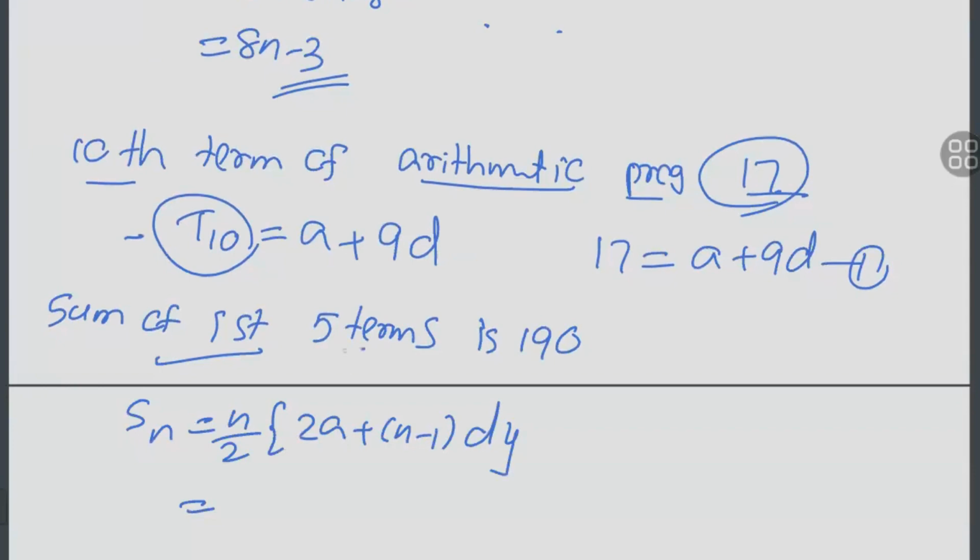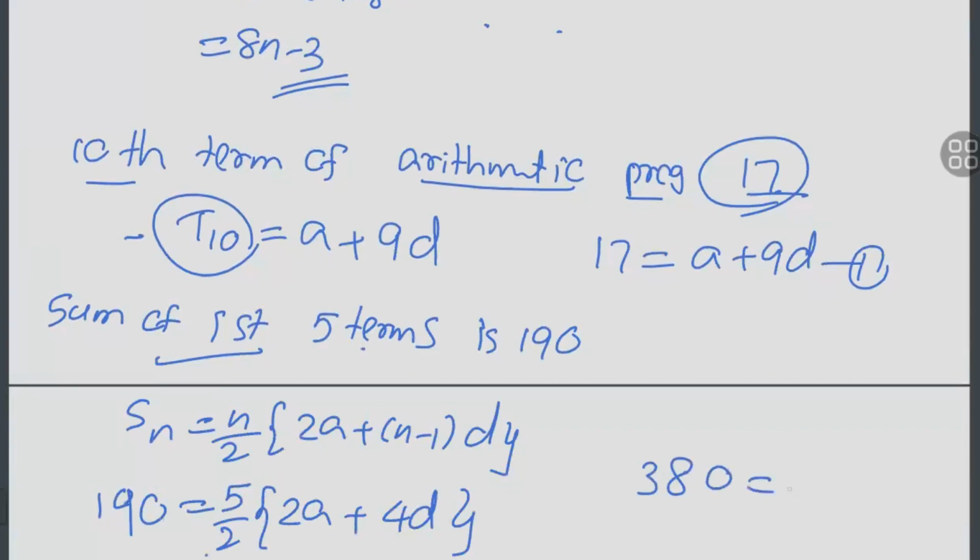Sum of the first 5 terms: 5 over 2 times 2a plus 5 minus 1, 4d, equals 190. Now two equations. First multiply: 380 equals 10a plus 20d. Right? First and second simultaneous. Get the answer, just put it in the calculator. Simultaneous equations, factorizing, everything you can do in the calculator.